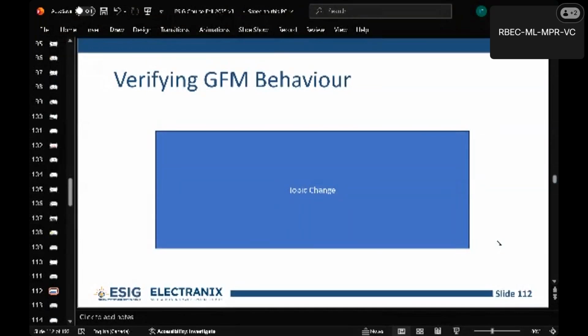Alternatively, we would have to be able to quantify the benefit of getting these grid forming services and then incentivize that.